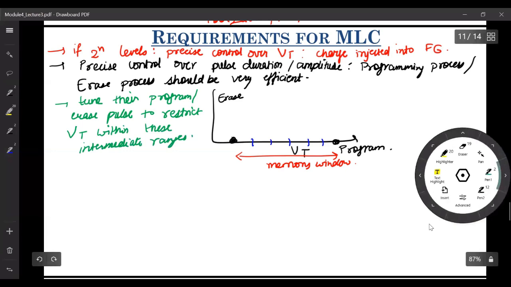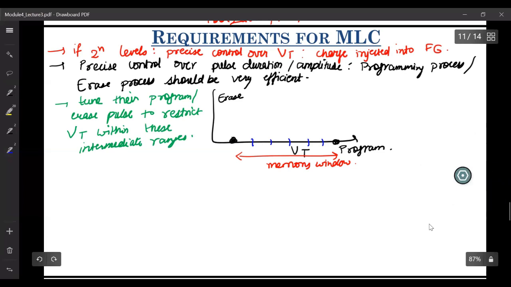Okay, so this is how people achieve this multi-level programming capability.